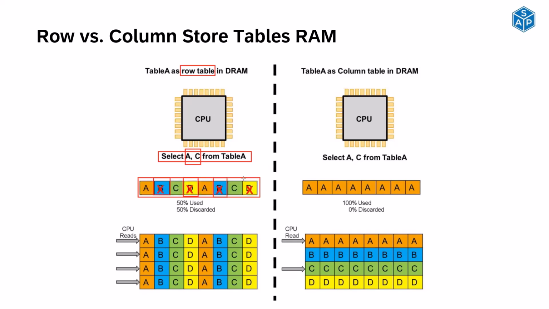Out of the 8 columns, only 4 are relevant to your query, and the data in the other 4 columns is waste. So you are only using 50% of the data loaded in the memory, and 50% is discarded. It's a waste of resources.